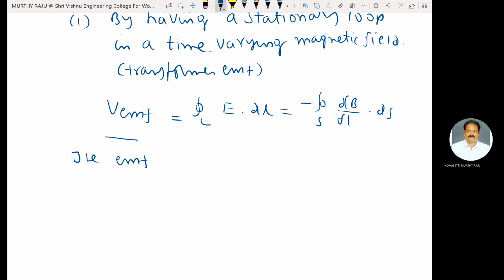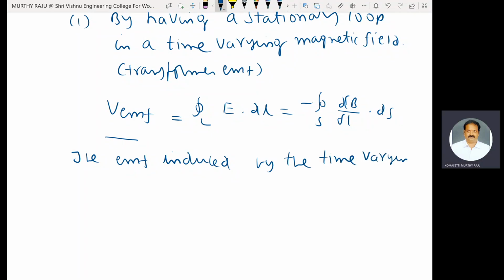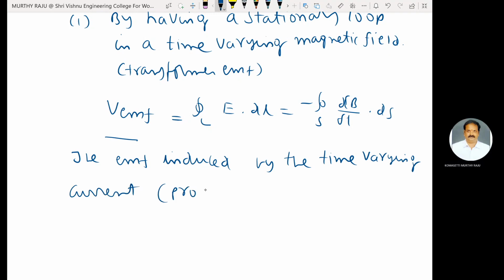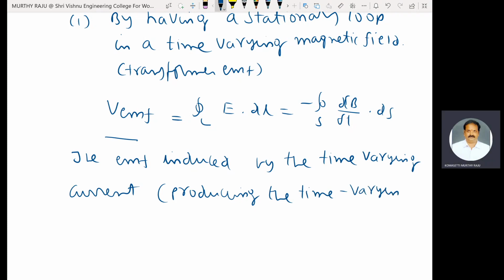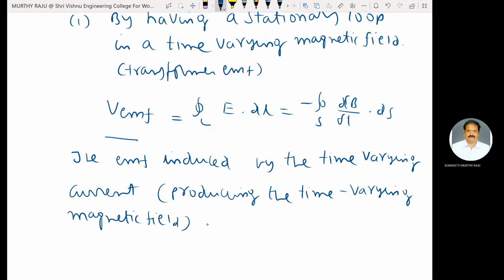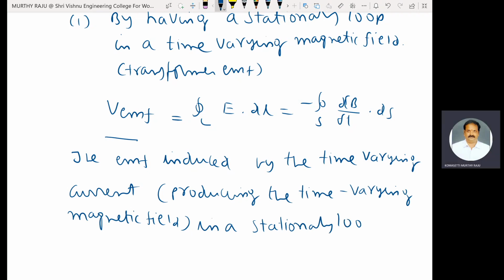The EMF induced by the time varying current producing the time varying magnetic field in a stationary loop is often referred to as a transformer EMF.